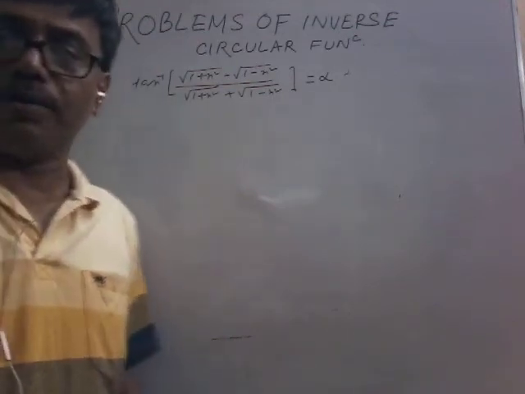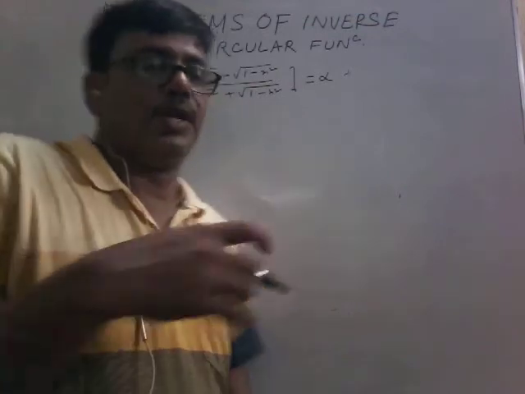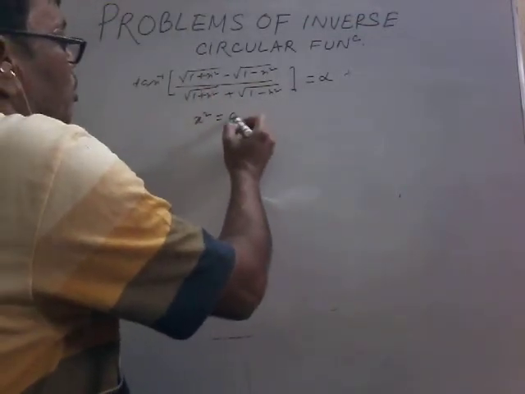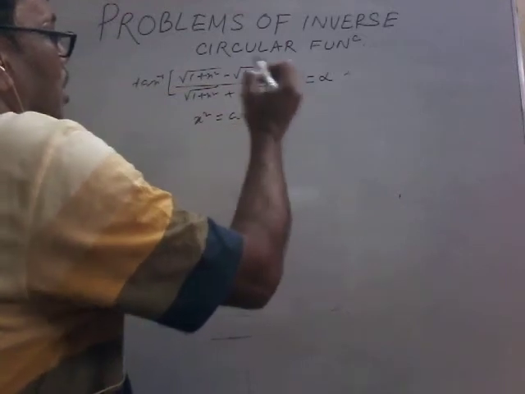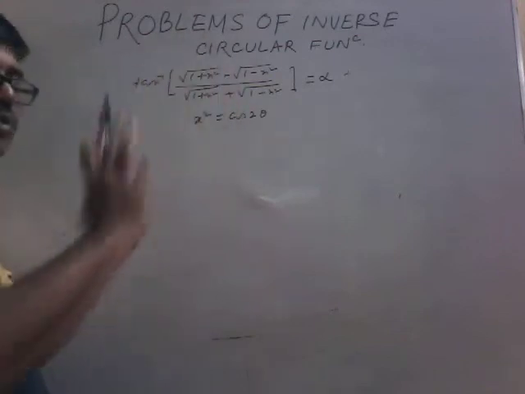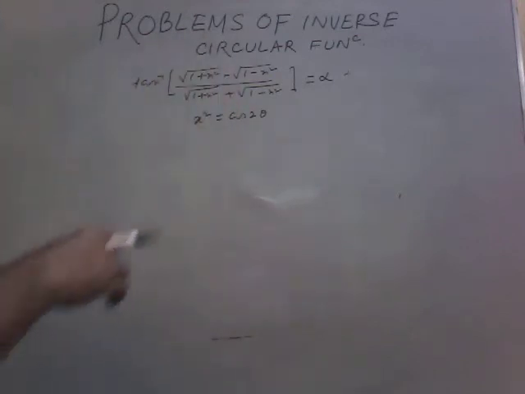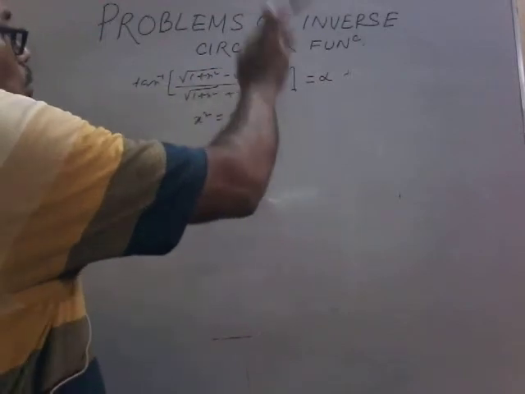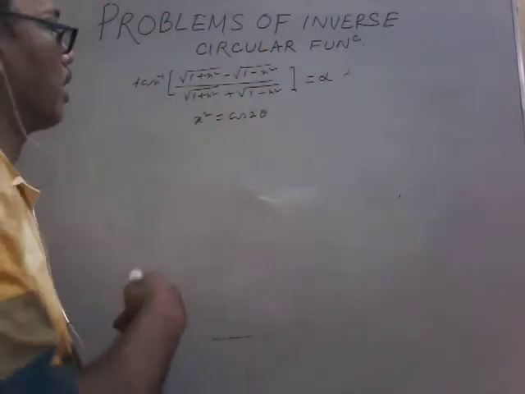So what is the suitable transformation? The suitable transformation is x square equals cos 2 theta or sin, as you please. If you take cos 2 theta, it will be simple because you know the formula of 1 plus cos 2 theta and 1 minus cos 2 theta.